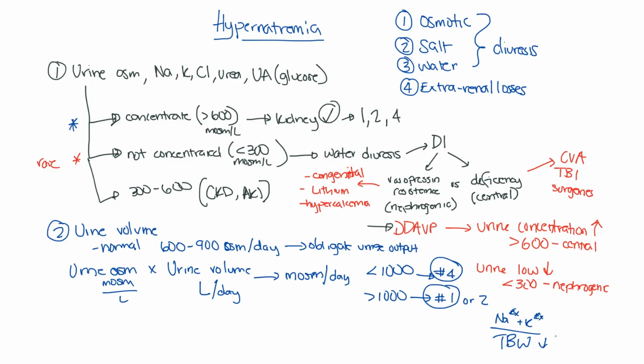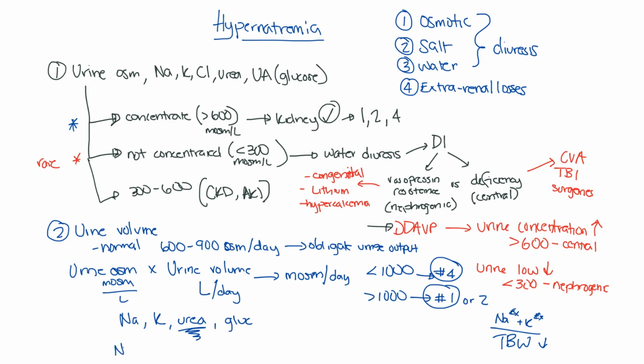And if it decreases, we get hypernatremia. So this is where understanding what our sodium, our potassium, our urea, and our glucose are matters. Now, in most situations with tube feeds, your urea is quite high, or your glucose is high, especially in DKA.